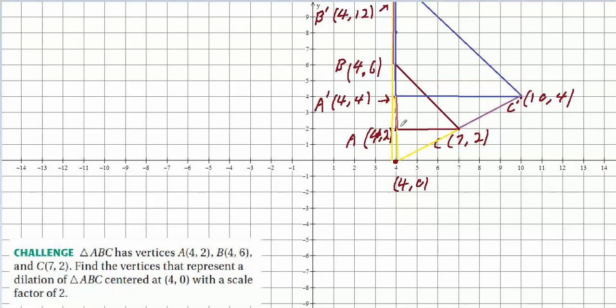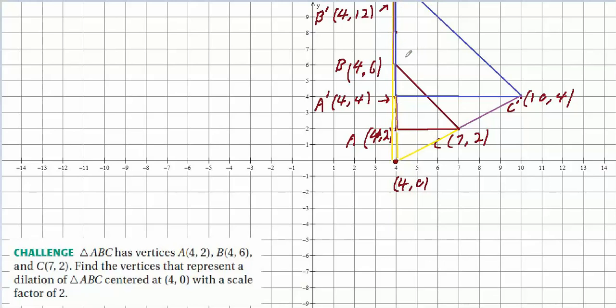Same thing here. We've got this little yellow vector that goes from (4, 0) to (4, 2). If we double it, there should be this little purple vector right on top of it, which doubles it and pushes (4, 2) up to (4, 4). Same thing here. We've got our original vector that goes from (4, 0) to (4, 6). That's a point on our original pre-image. And then we expand it by doubling this vector, maintaining the same direction, and that'll go all the way up to the point (4, 12), which is off the page. Sorry.